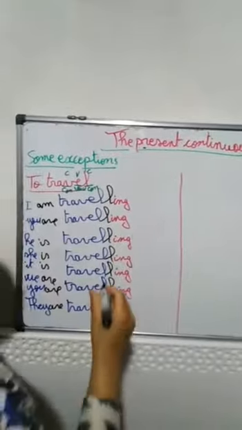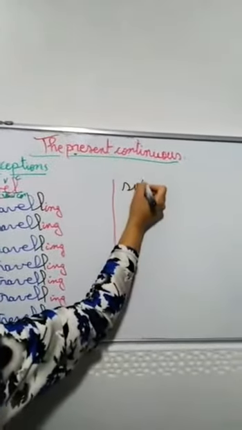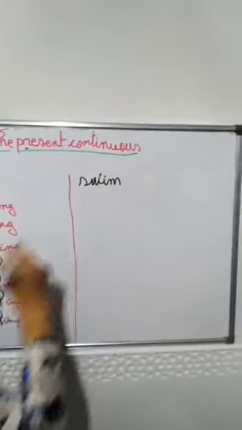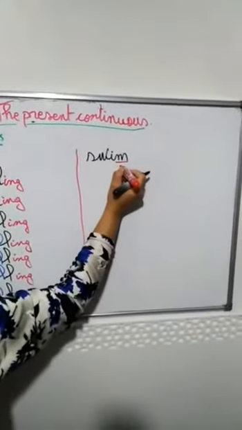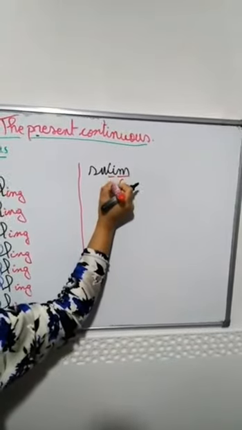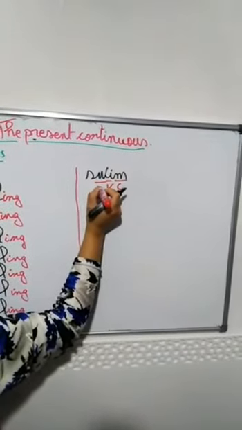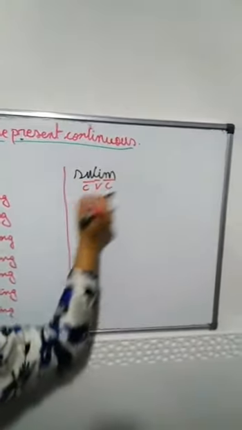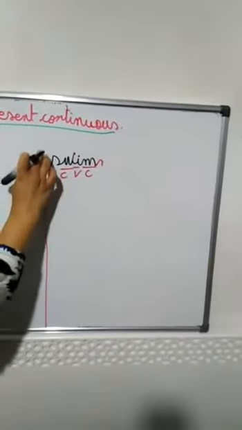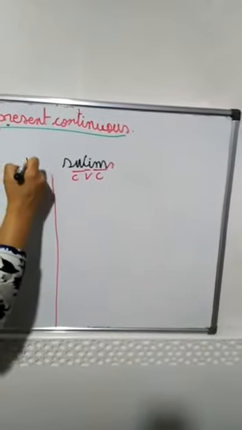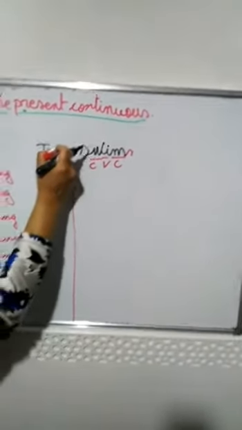Is this clear? So, pay attention. As example, I give you other verb that is the verb to swim. Is this okay? It's the same thing. What do we have? We have M consonant, I vowel, W consonant, CVC. So, to put this verb in the present continuous, for example, I say, I what?